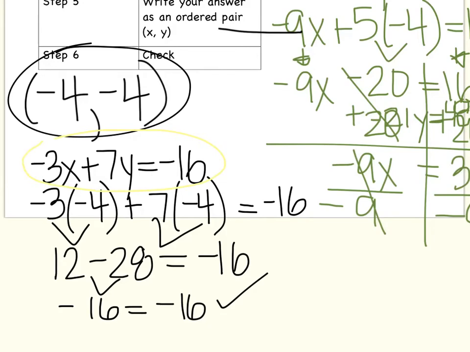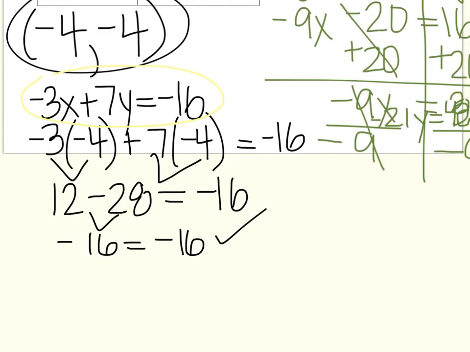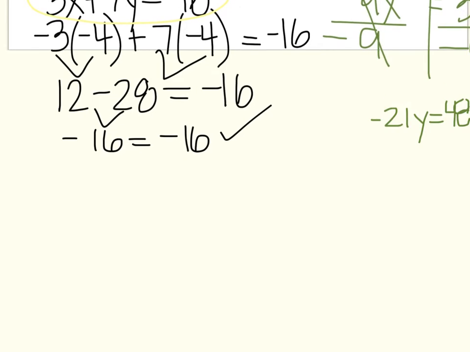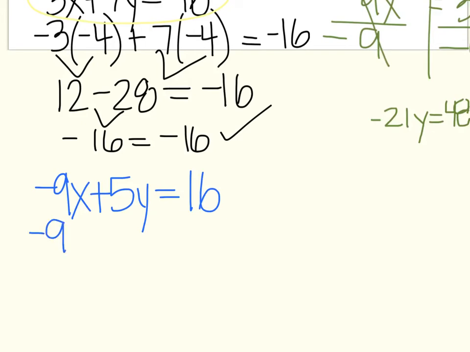Now we have to go through and check it with our other one. So I'm going to rewrite my other equation: negative 9x plus 5y equals 16. And I'm going to plug in negative 4 for x and negative 4 for y.